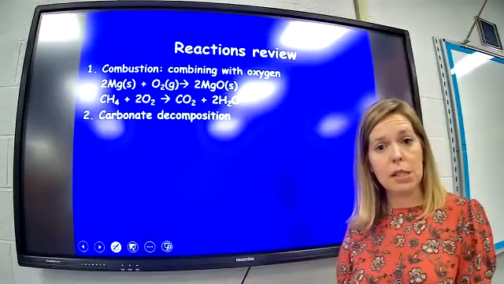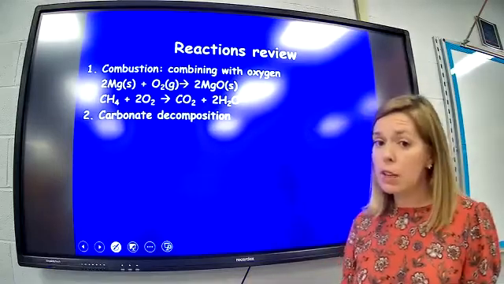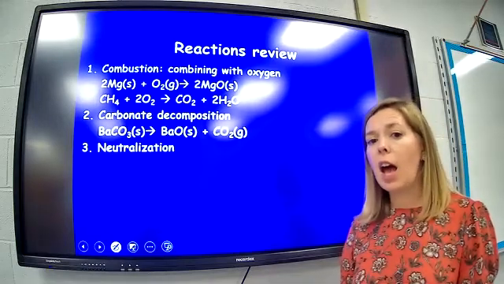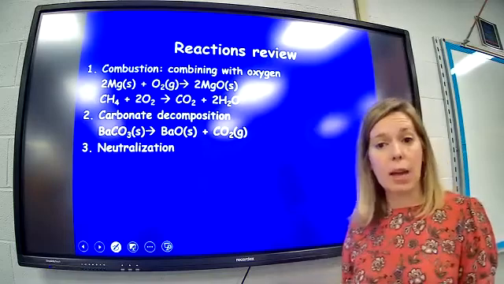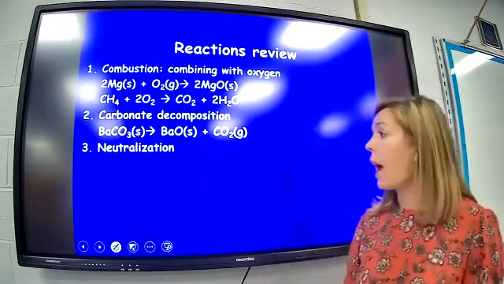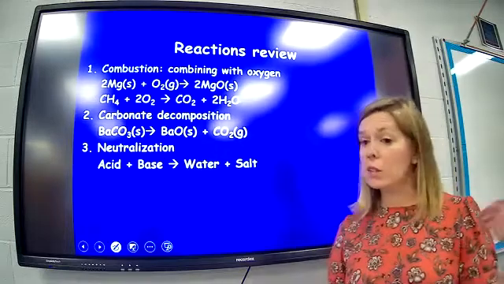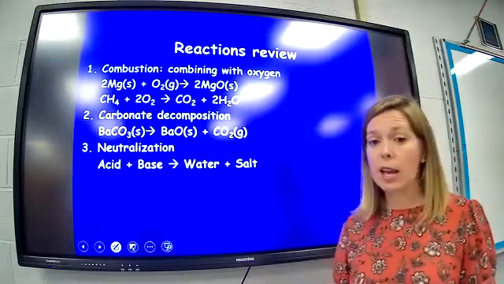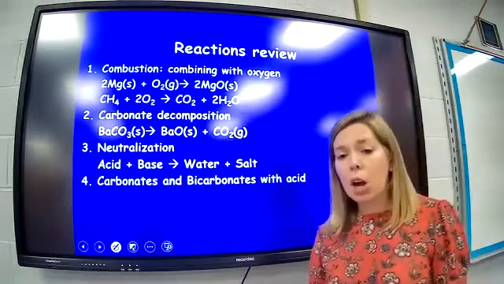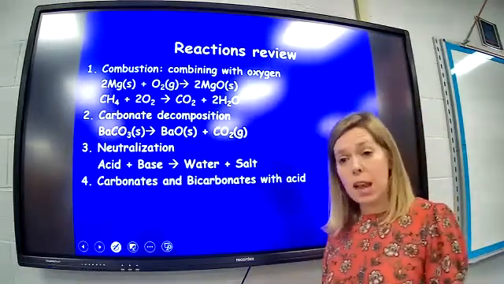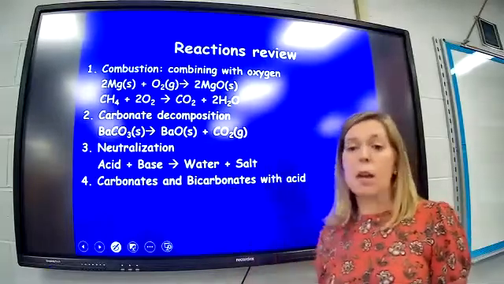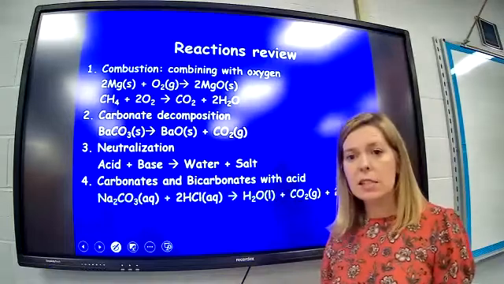Carbonate decomposition. That one's a little bit different. When we have our carbonate ions, then we are going to make carbon dioxide gas, and we're going to do a lab with that. Neutralization, acid plus base, makes water and an ionic salt. We're usually pretty good with that one. Carbonates and bicarbonates with an acid. Neutralization, you additionally make carbon dioxide gas.